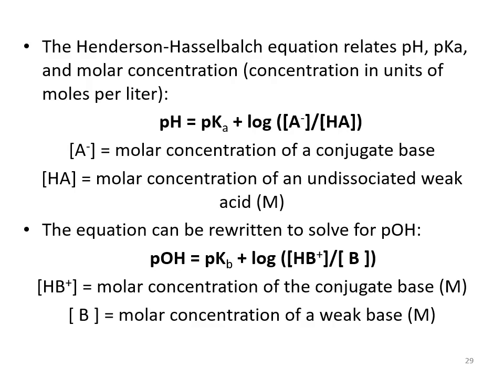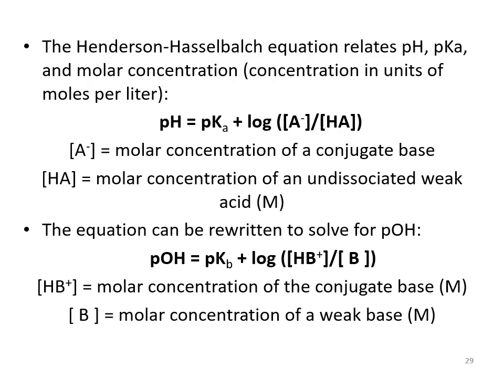It shows that A is the molar concentration of conjugate base and HA is the molar concentration of an undissociated weak acid. The equation can be rewritten to solve for pOH. It is the same equation for pOH. I am not putting any slide for the equation, you will do it by yourself with the help of the previous slide.